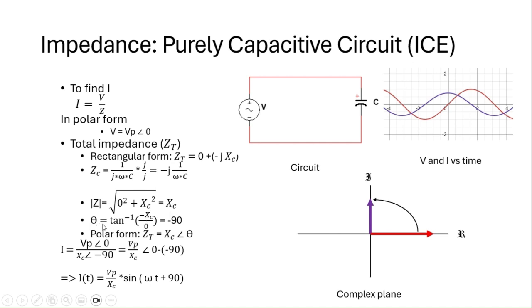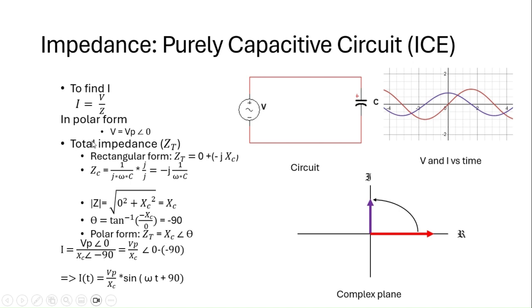Take theta, or try to find an angle: I take the y component, the imaginary component, divided by the real component, which is the x component here. Take an inverse tangent of that, and that ends up giving us negative 90. So that's our theta here, negative 90, and X of C is actually from here.